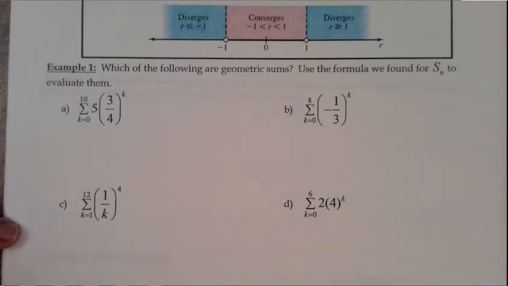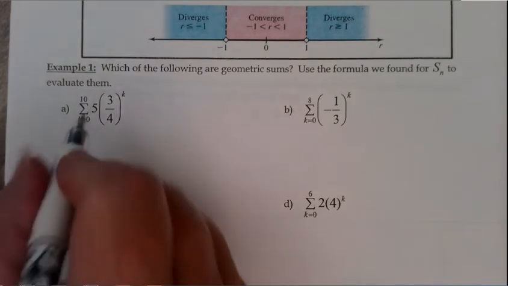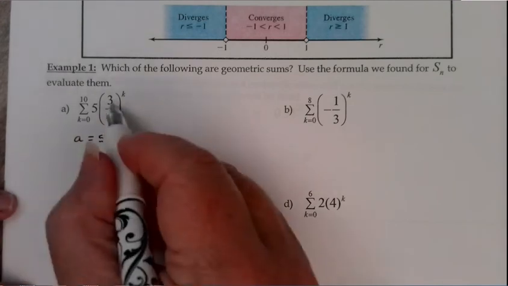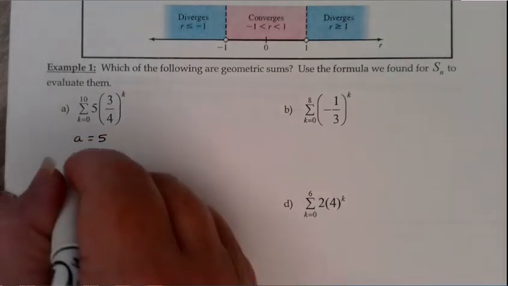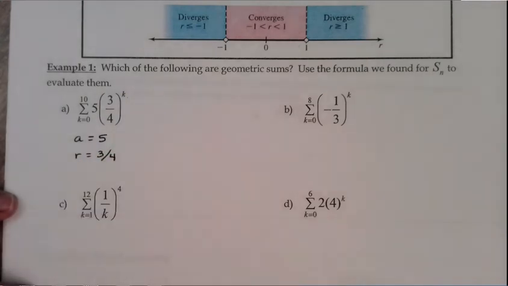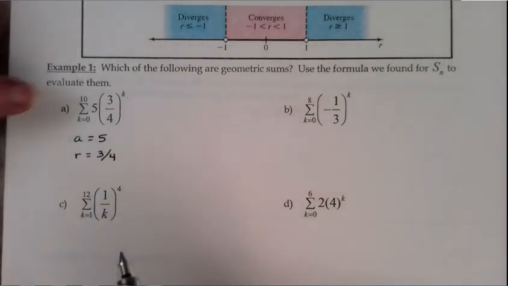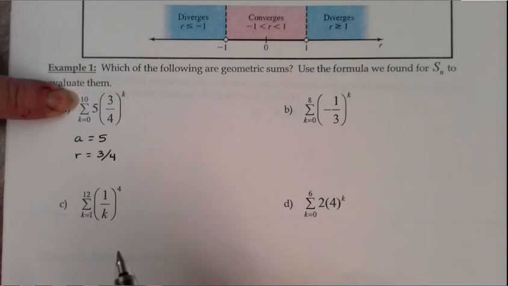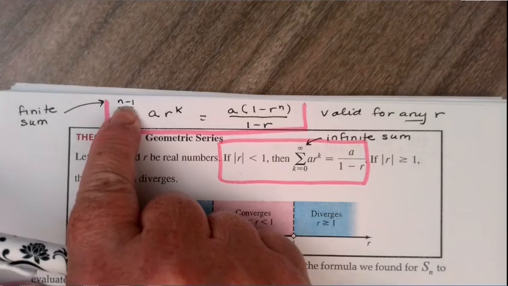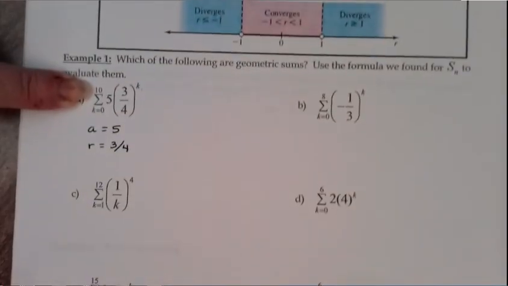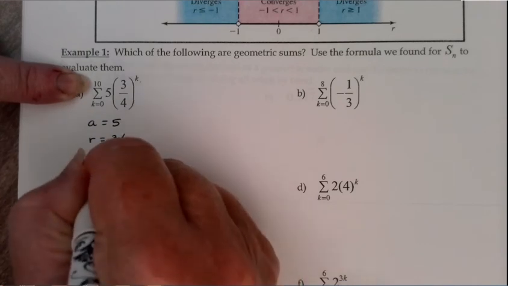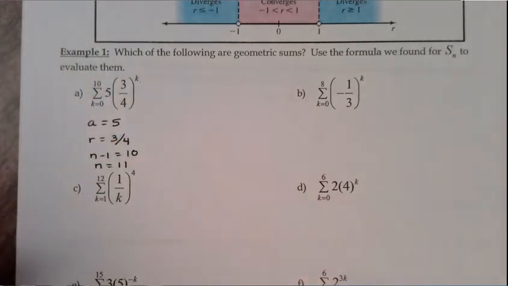If you compare it to our formula, you can see that our a value is 5. The r value, what's being raised to the k power, is 3/4. And keep in mind, this 10 up on top here is actually n minus 1. So n minus 1 is 10, which means n would actually be 11.